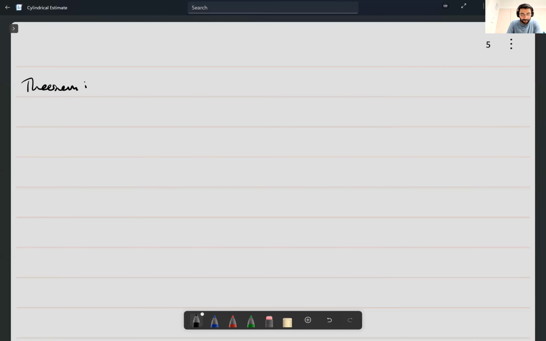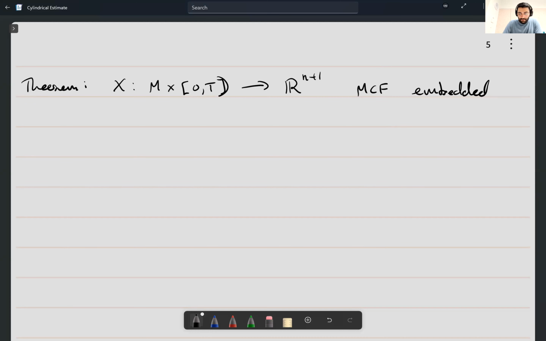So let's take some kind of solution to mean curvature flow, a mean convex embedded mean curvature flow. I just want to give the idea of this theorem.